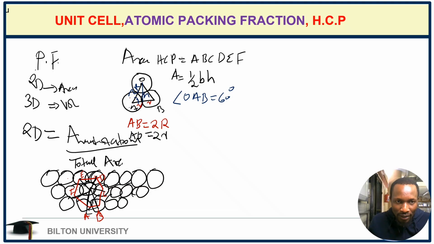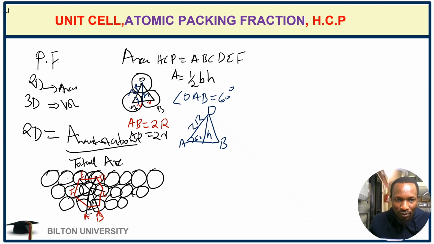So now if we were to draw it, let's draw triangle AOB. We have our triangle here, so we have point O, we have A and B, and we are looking for this height here, which is H, and AO is 2R, and this angle is 60 degrees.